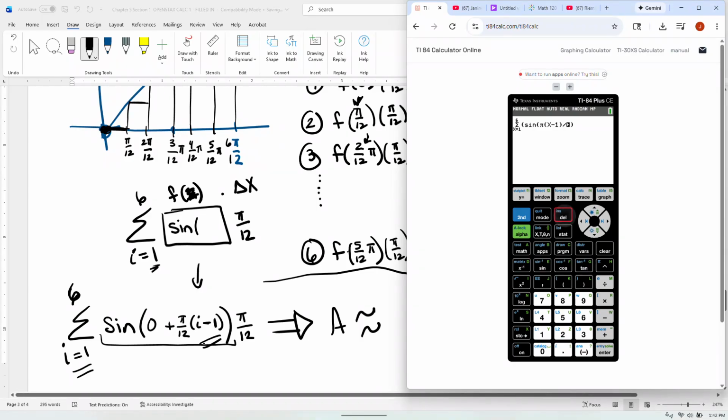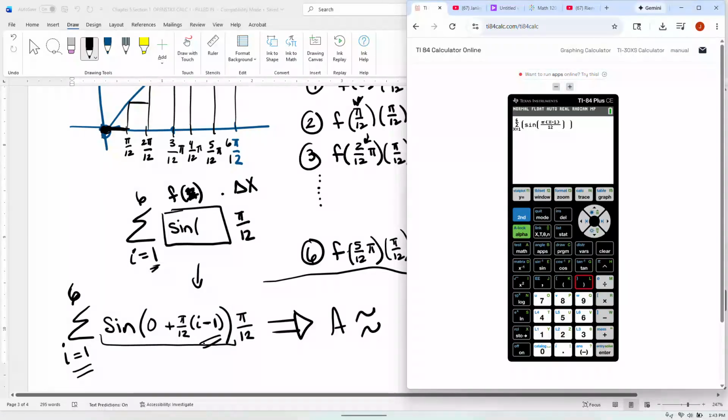If you're kind of new to calculators and you're interested, the newer ones can do a fraction, alpha, and then the variable. So here I would have pi times the quantity, x minus 1 over 12. Okay, so that's just going in the sine function. Better close that.